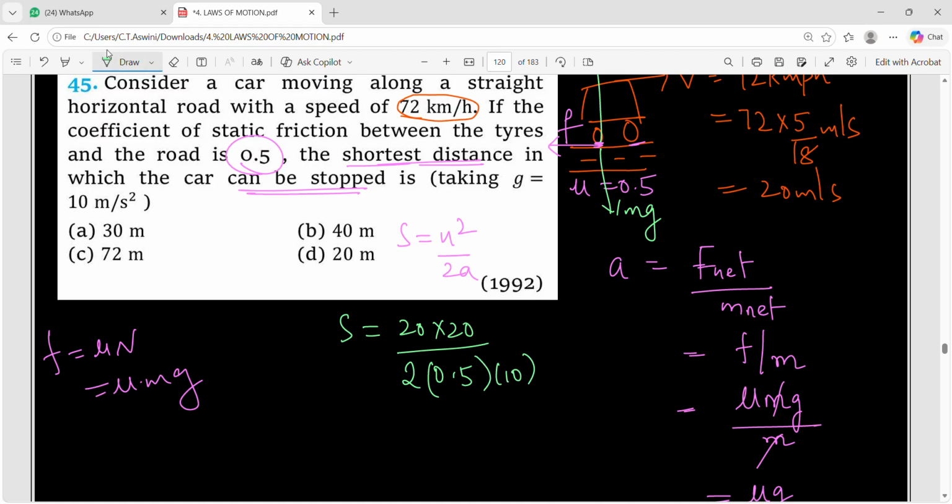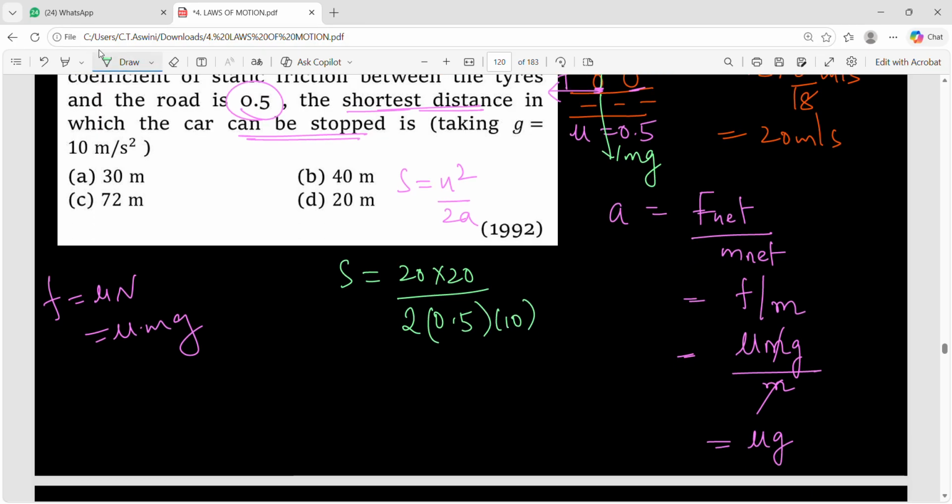Mu is 0.5 and g value is 10. Actually, you have to remember this: a will be equal to mu g. You should not waste your time on simplification. So the decimal and 10 cancel and you will get 400 upon 5 into 2. This is 10, so 0, 0 cancel. You will get 40 meters. Answer is option B.